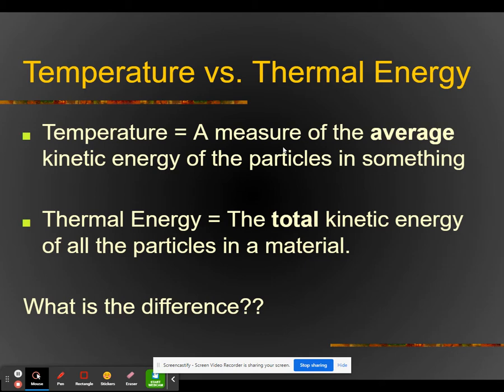So I want you to answer in your head or write it down somewhere this question: what's the difference there? I'll read the definitions again. Temperature is the measure of the average kinetic energy of the particles in something. Thermal energy is the total kinetic energy of all the particles in a material. So the question is, what's the difference? Take a second and read those again if you're not quite understanding the difference.